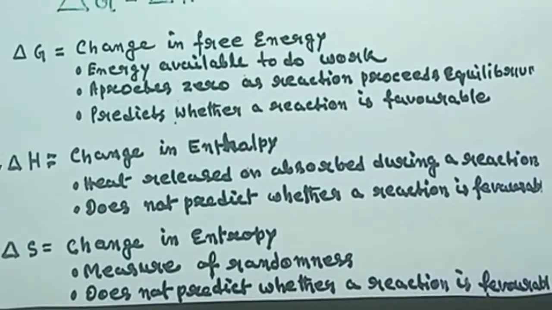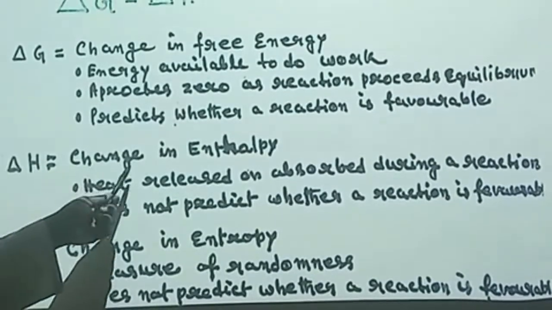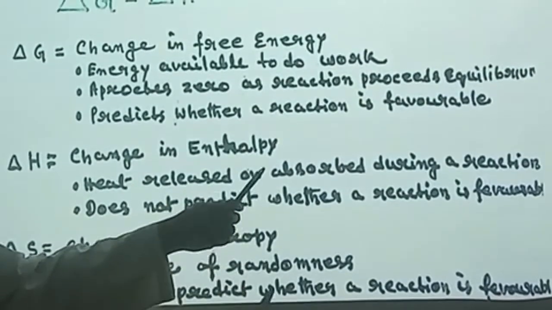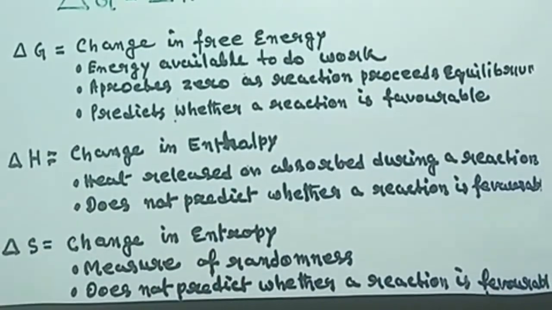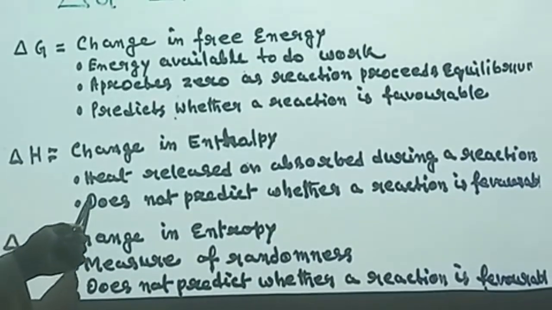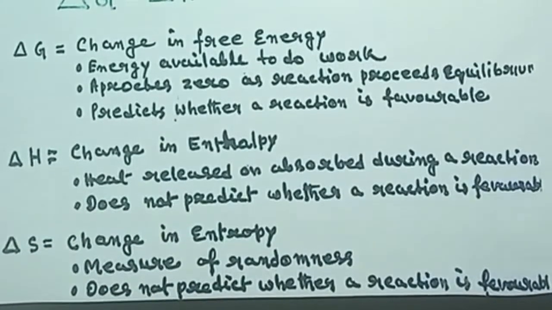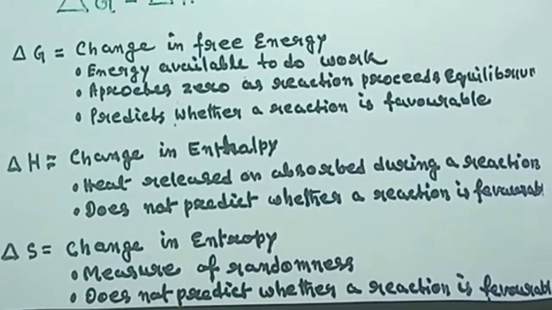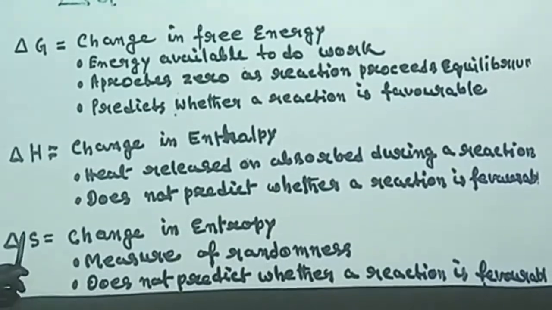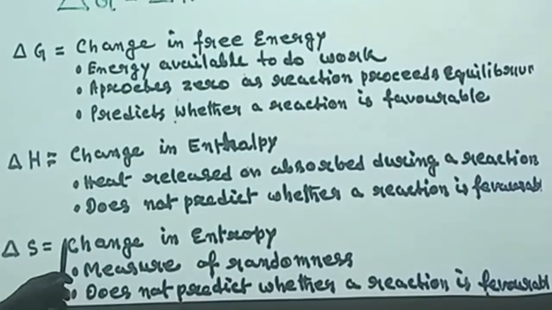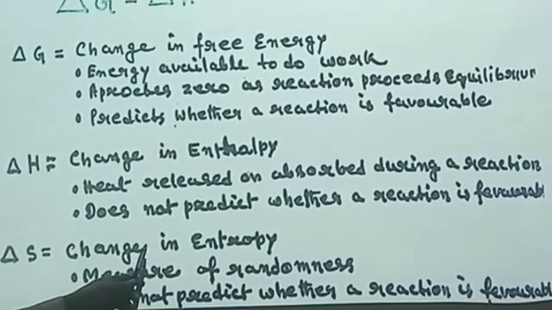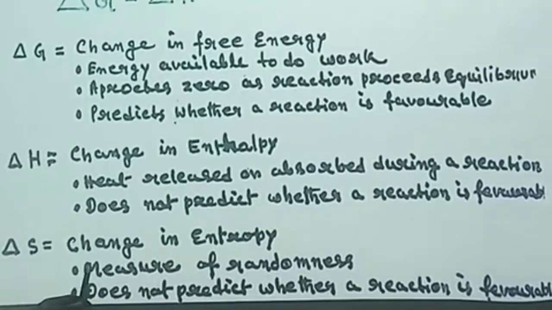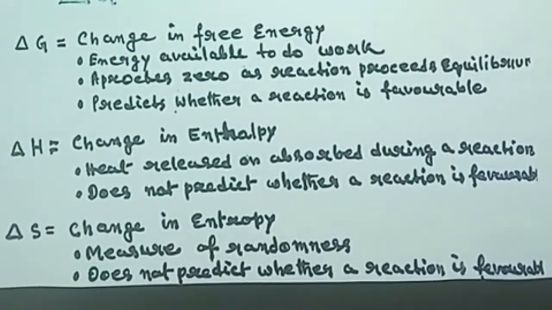Now, what is delta H? It is the change in the enthalpy, that is the heat released or absorbed during a reaction, the total heat, and it does not predict whether a reaction goes forward. So it does not determine the direction of the reaction. But delta S is very important. This means the change in the entropy, the measure of randomness.